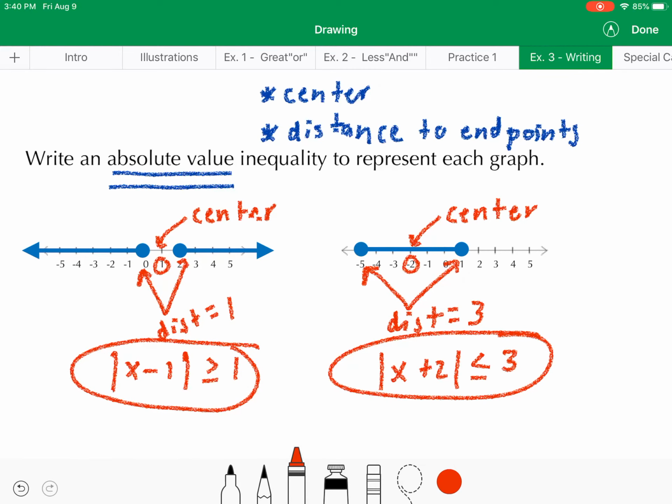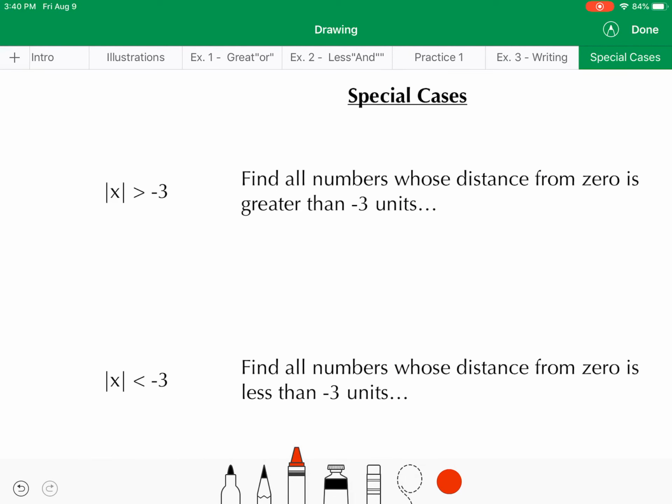Okay. Moving forward, there are 2 special cases that you have to watch out for on absolute value inequalities. And I think they're pretty easy to identify. They both involve when there's a negative number once the absolute value has been isolated. All right, so look at the top example here. I have the absolute value of x is greater than -3. Think about what that's asking.